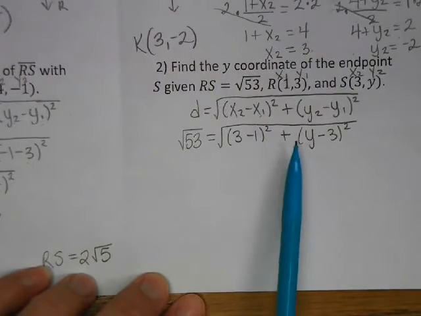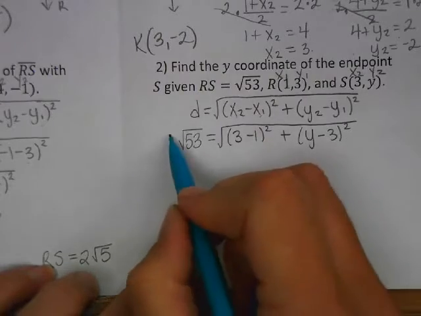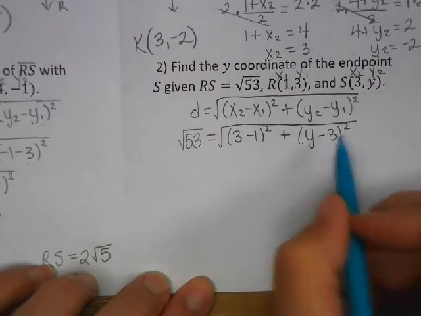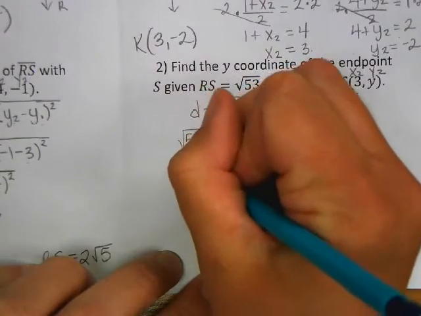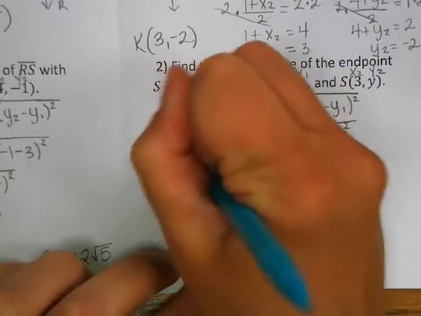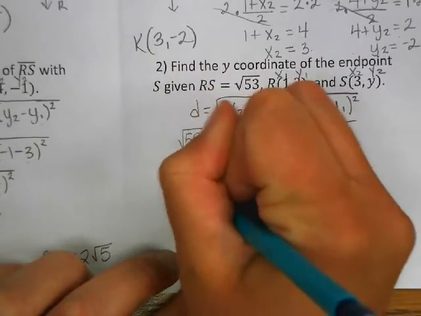Now, notice you have a square root symbol on both sides of the equation. So what I would do is just square both sides. So if you square the square root of 53, you just get 53.